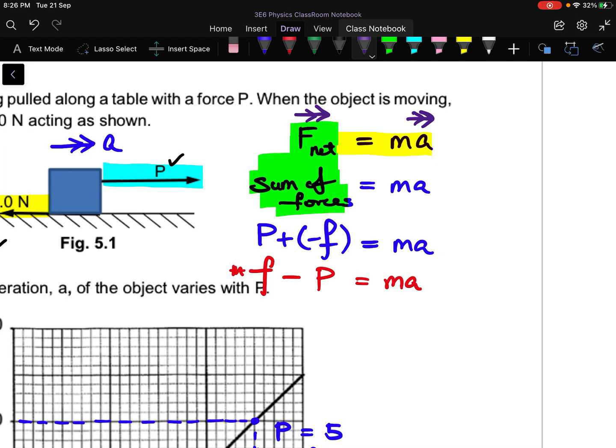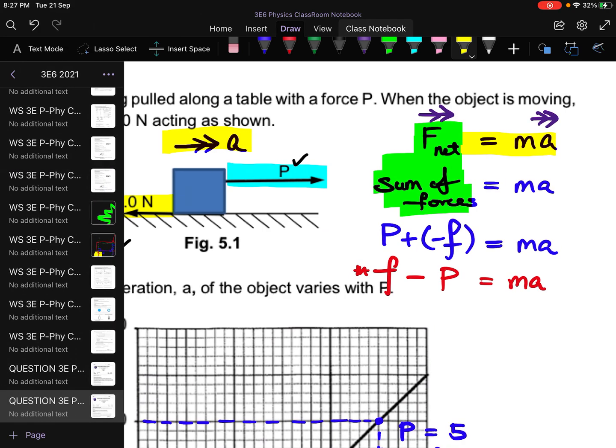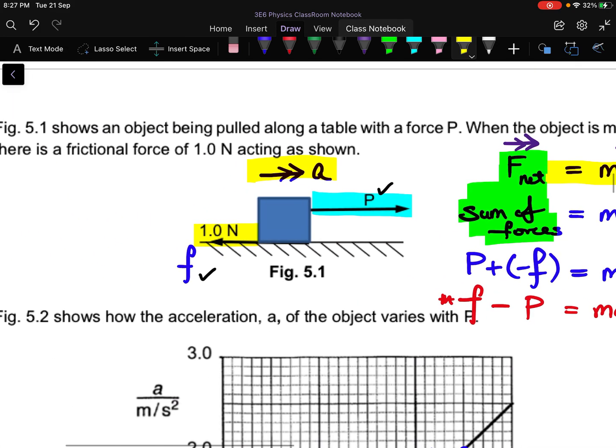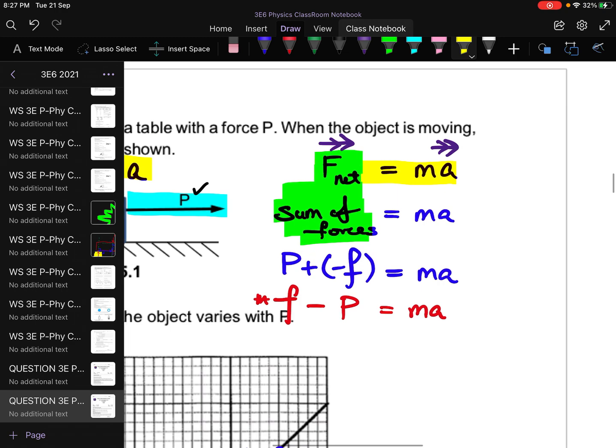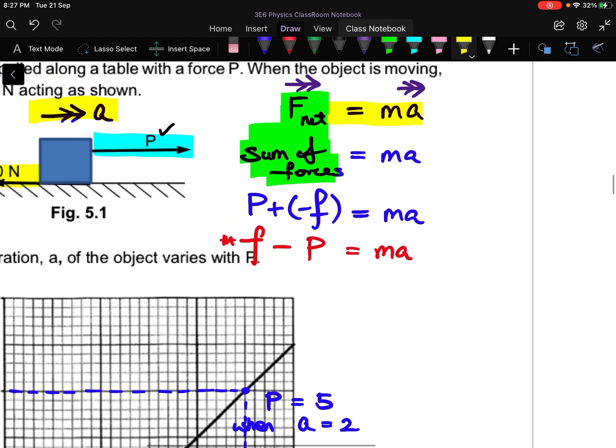That's why at the beginning, I told you that it is very important for you to be able to deduce which direction the object is accelerating towards. In this case, we know that it is accelerating towards the right. So by extension of logic, P and A must have the same sign, positive, and then my F will be the negative one.